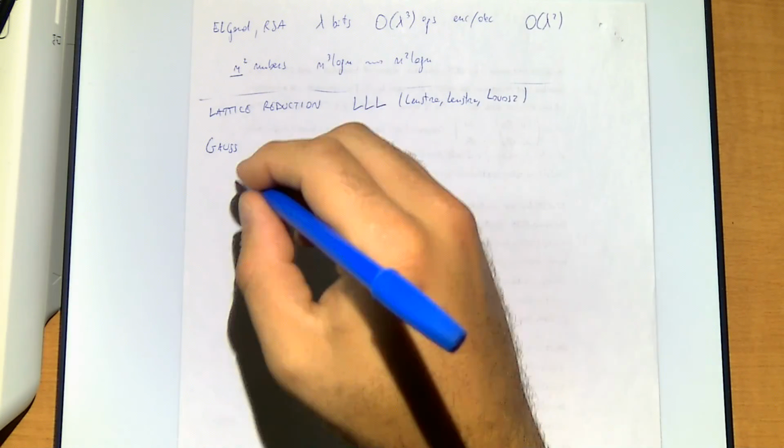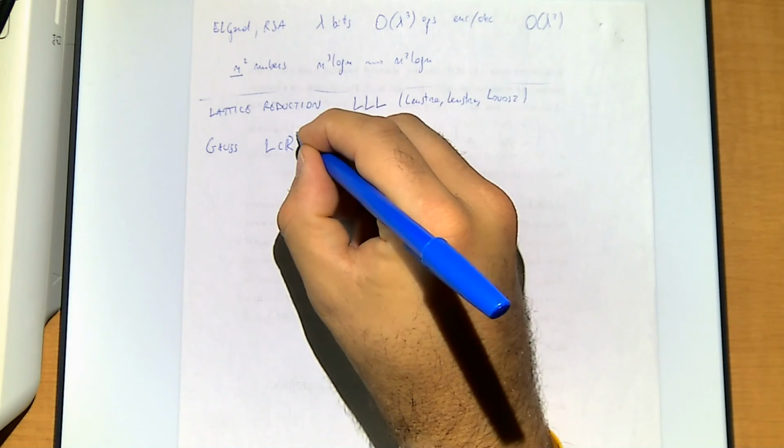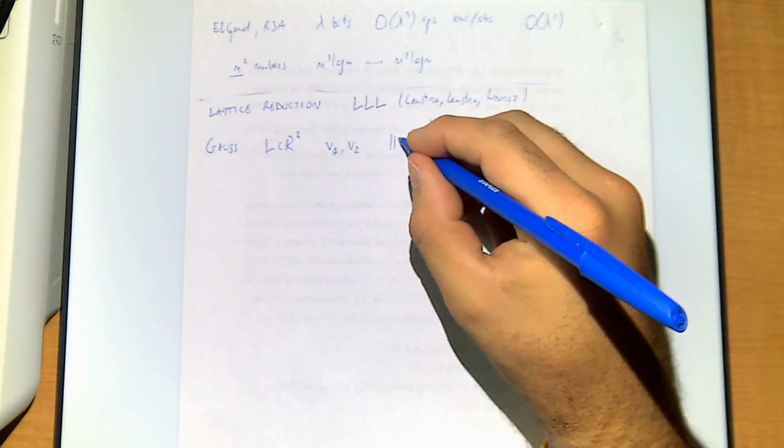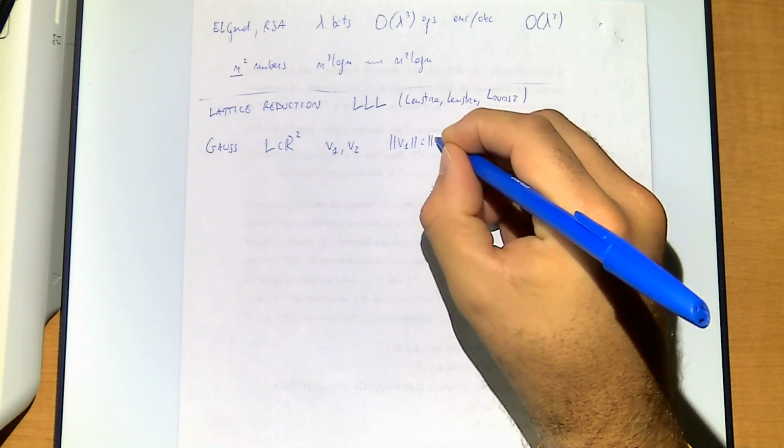Suppose I have a two-dimensional lattice and I have V1 and V2 as a basis. Without loss of generality, let's take V1 to be the smallest of the two. How can we make V2 smaller? We can subtract multiples of V1.